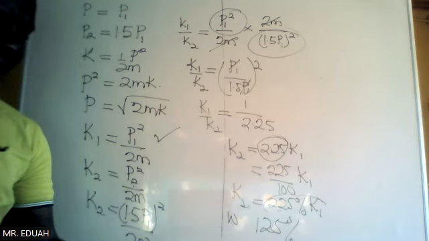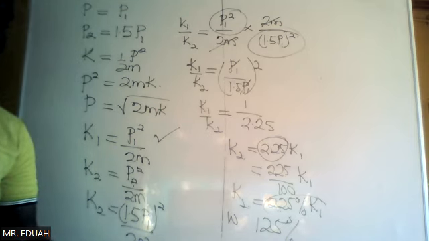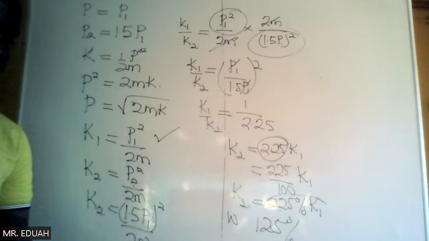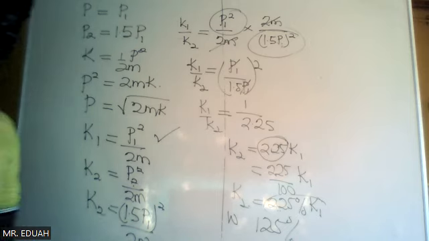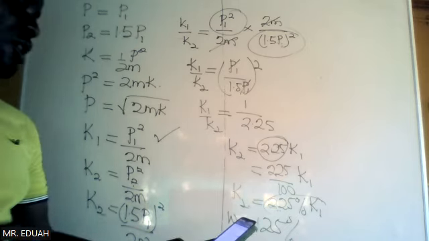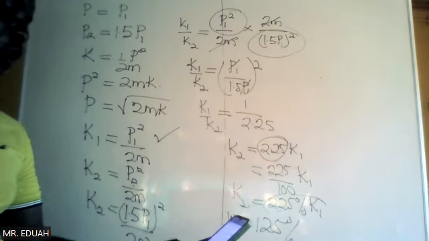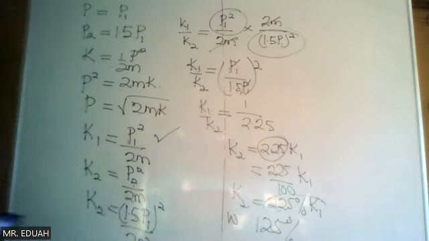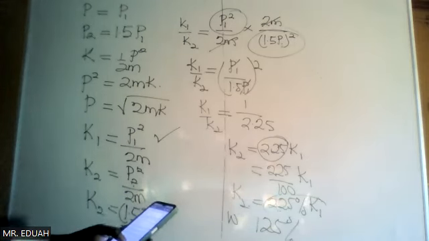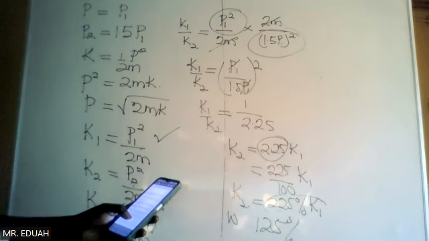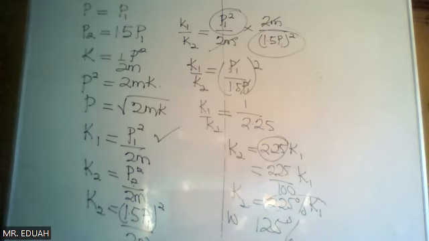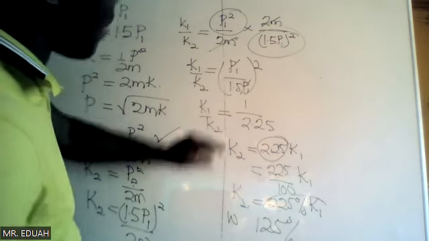Question 9 does not involve any calculation, so I'll leave that to you to think through. But question 10, two bodies of masses m and 4m are dropped from the top of a tower.